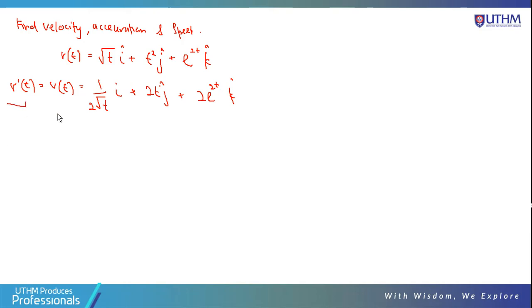Then find the acceleration: differentiate again, v prime(t) equals a(t). You get negative 1 over 4 t to the power 3/2 i plus 2 j plus 4 e to the power 2t k.